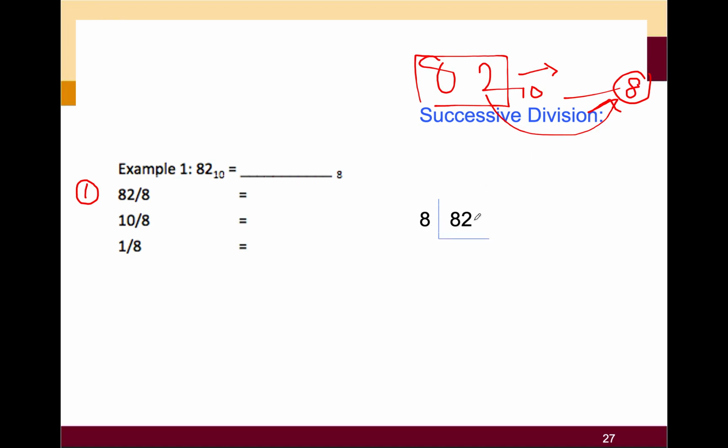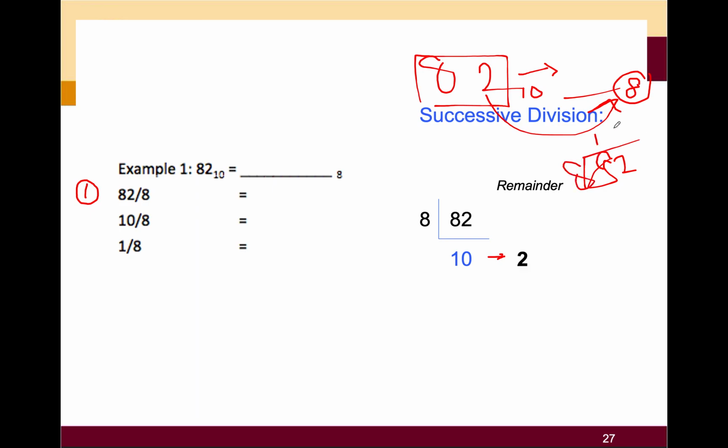You have 82, you divide it by 8. And what answer will you get?